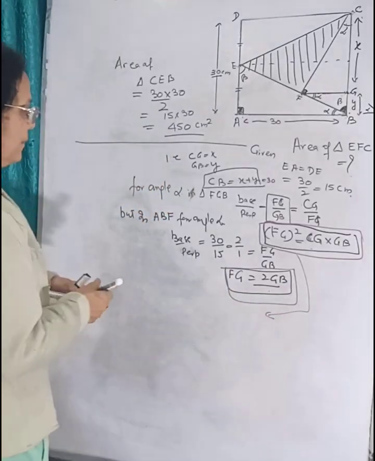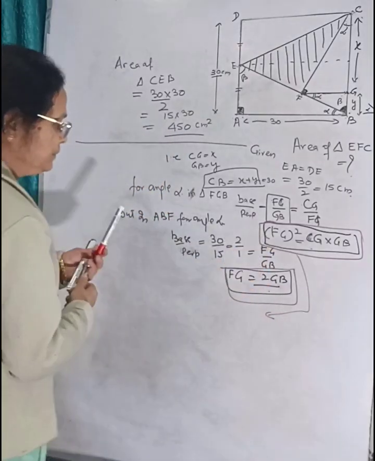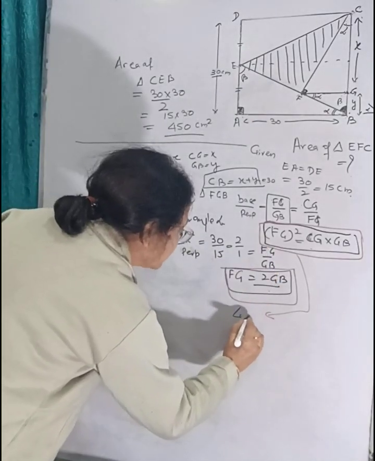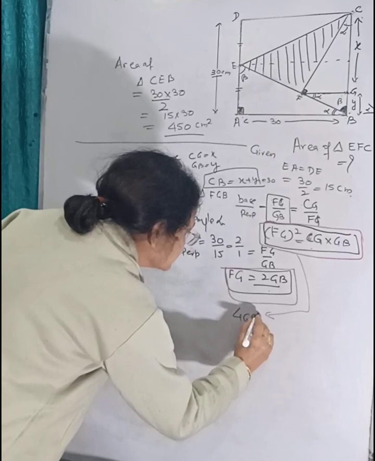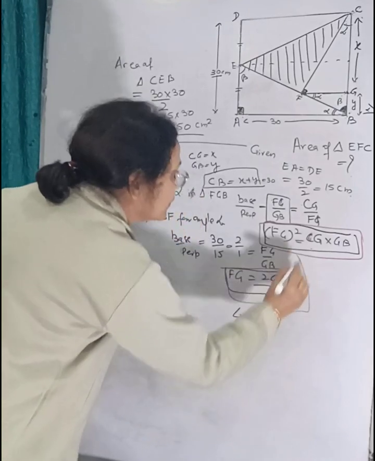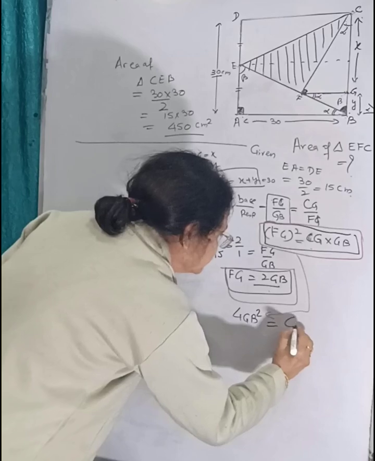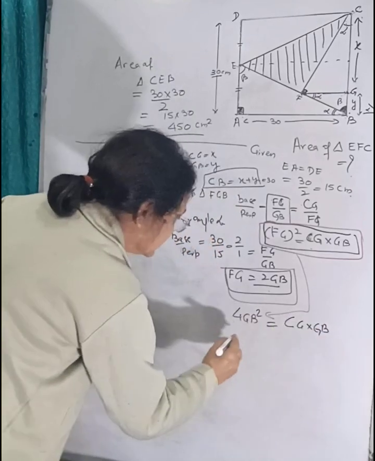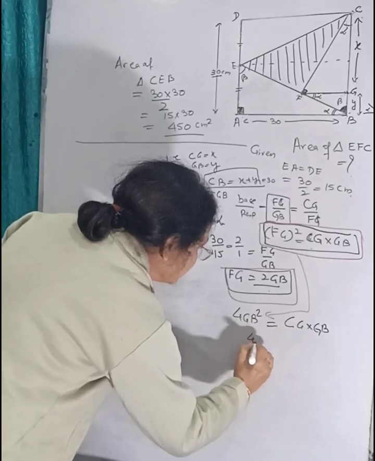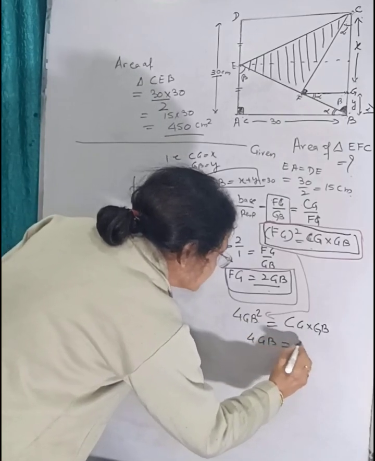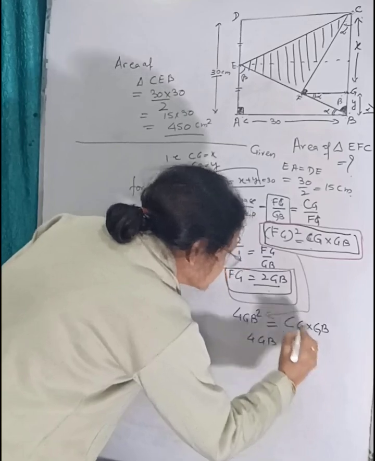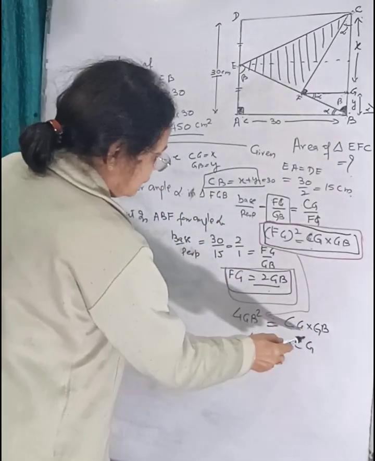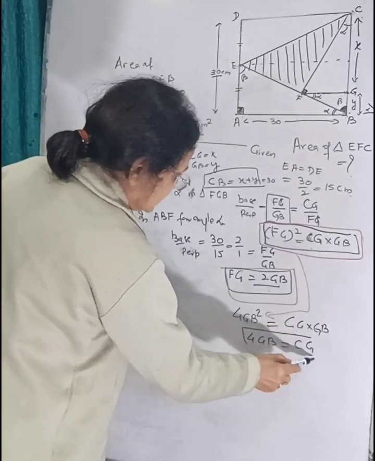Putting this here, you will get 4 times GB square equal to CG into GB. GB gets cancelled. It means 4 times GB is equal to CG.